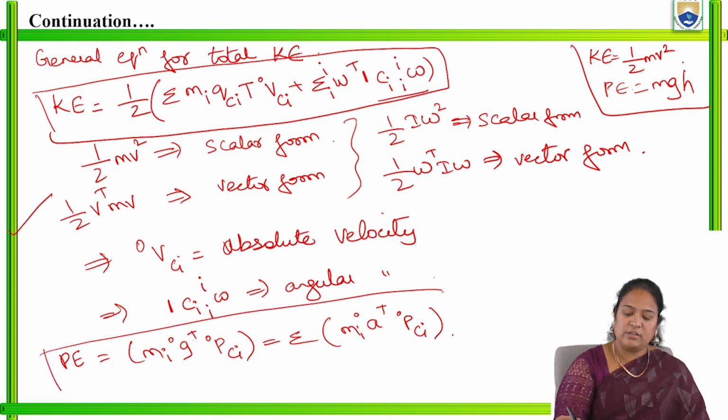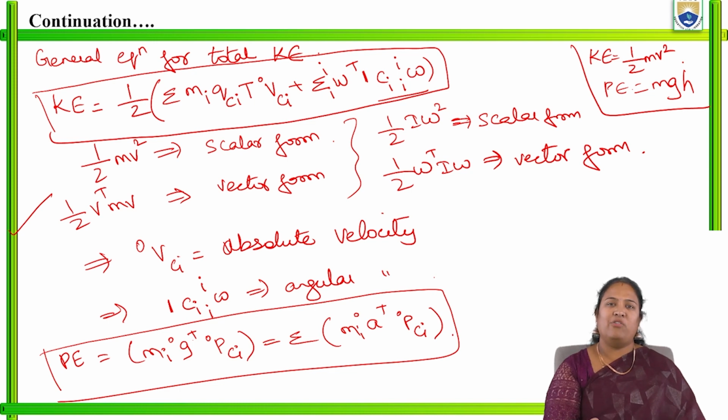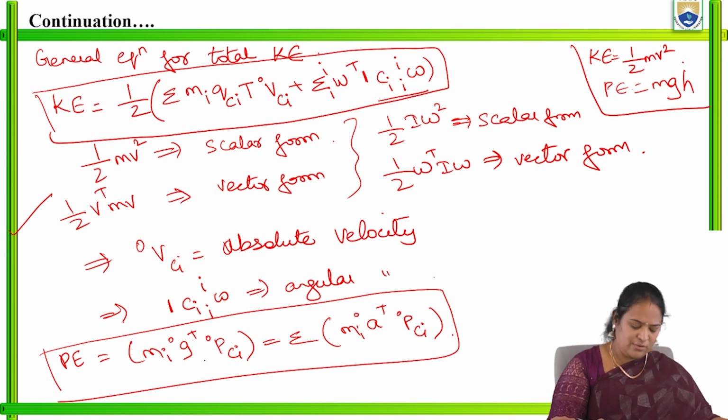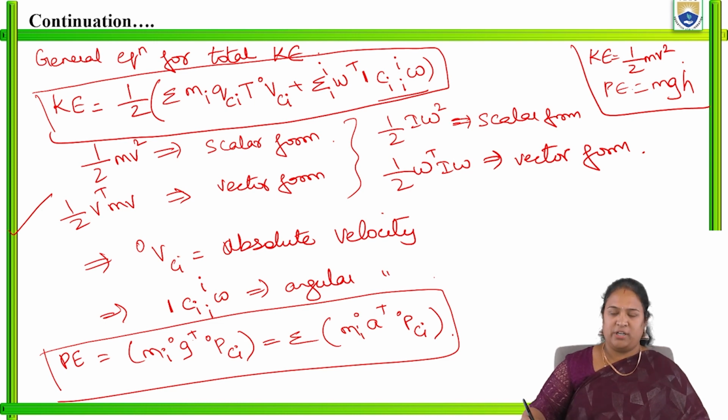So based on the Lagrangian equation, the potential energy will be written as the sum of m_i g transpose into p_ci, where the general potential energy is mass into gravity into height, in terms of the Lagrangian formulation, with m_i into g for frame 0, transpose, into p of c_i in frame 0. So this is how we write the generalized equation for the kinetic energy as well as the potential energy for the Euler-Lagrange equation.